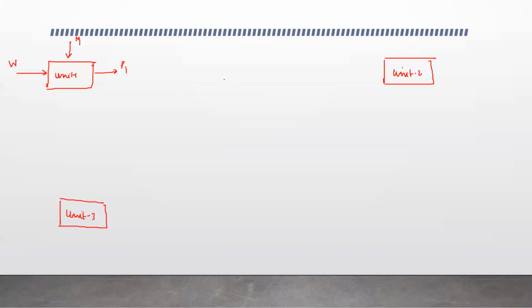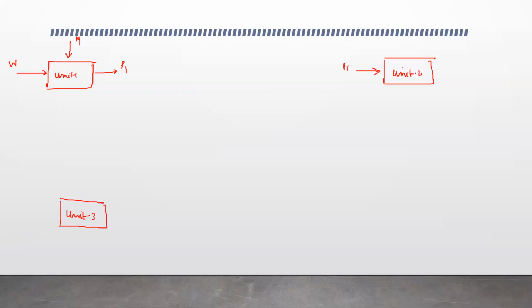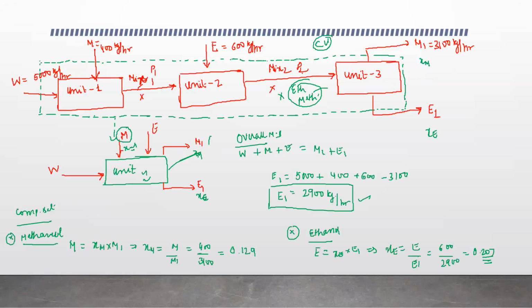Then for unit 2, I have P1 coming in, I have E, and I have P2 going out.